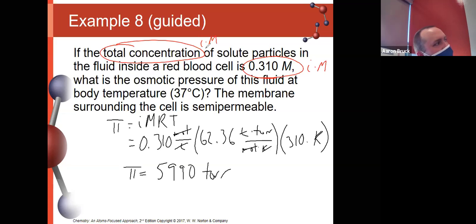And yet it produces an osmotic pressure that's nearly 8 times atmospheric pressure, easily measurable. In fact, probably a little bit tough just using some of the equipment that we have in terms of pressure. That's a lot of pressure to hold. All right, any questions with example 8?